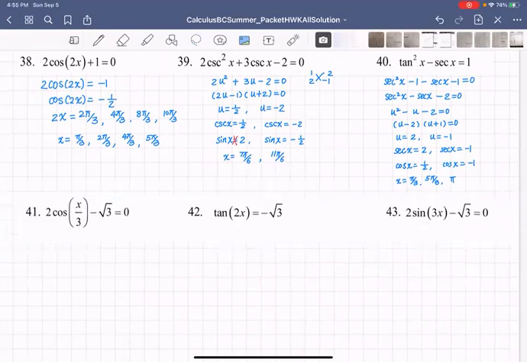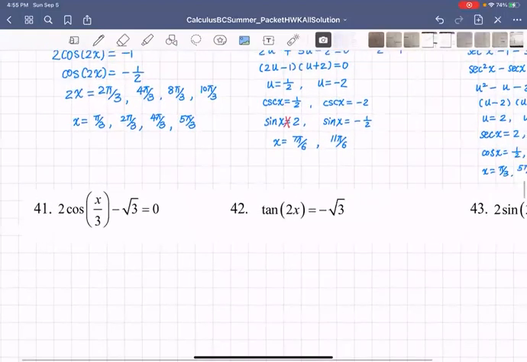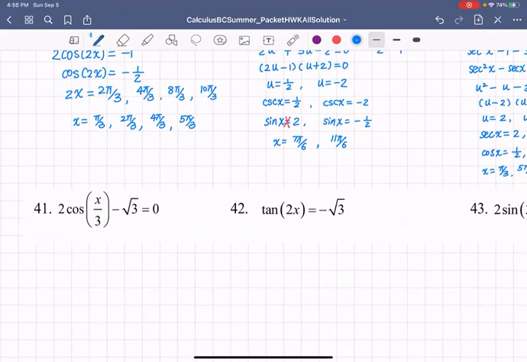Next student, Suzanne. 41. So we have cosine x over 3 equals root 3 over 2.